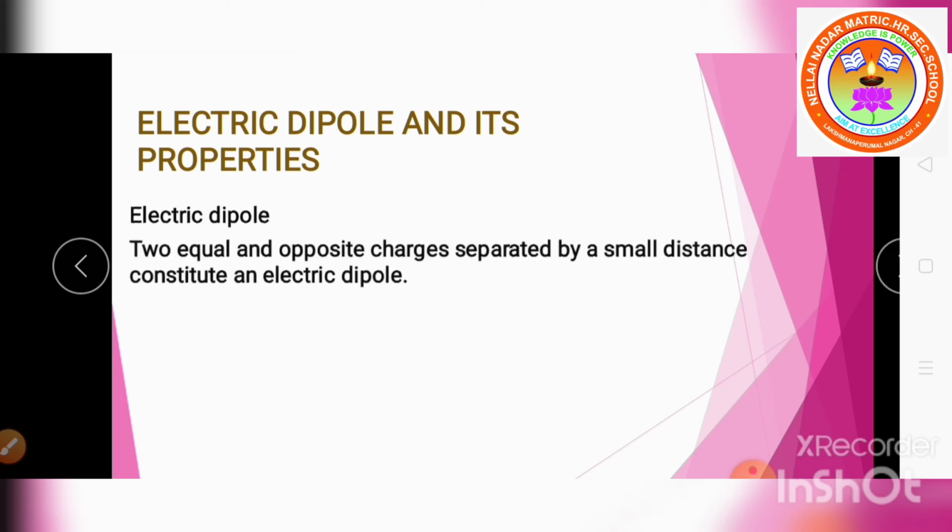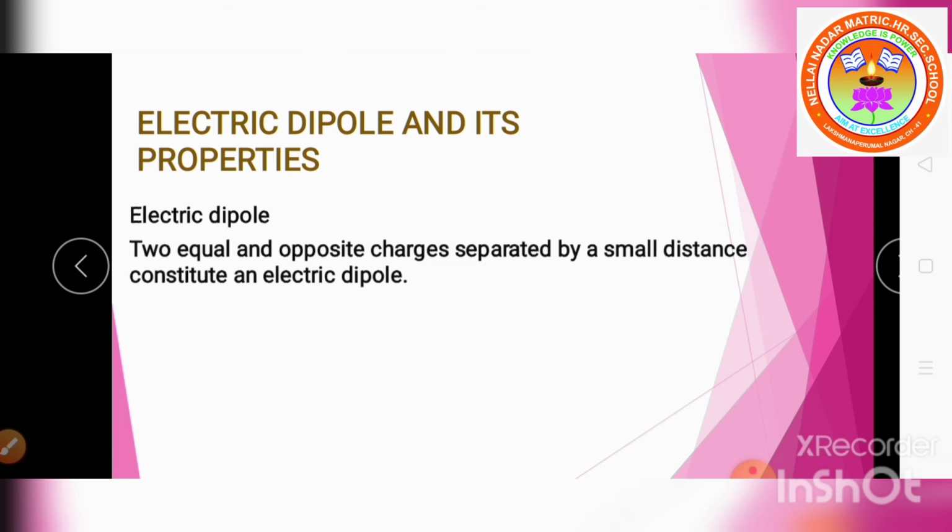Next, electric dipole and its properties. First, we are going to see the definition of electric dipole. It is a very important concept. What do you mean by electric dipole? Two equal and opposite charges separated by a small distance constitute an electric dipole. Two charges equal in magnitude.